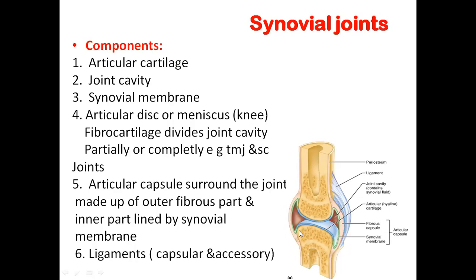Another structure is the synovial membrane, lining the inner part of the fibrous capsule, and it is attached at the margins of the hyaline cartilage, which is the articular cartilage.